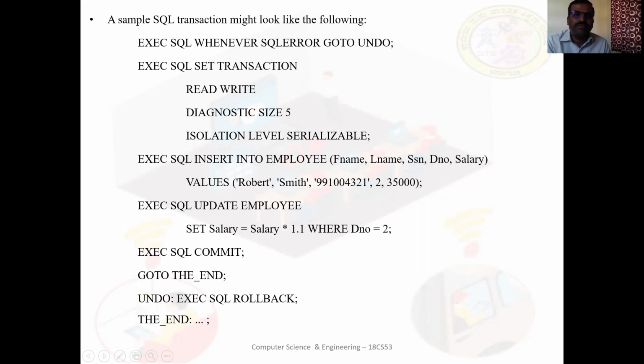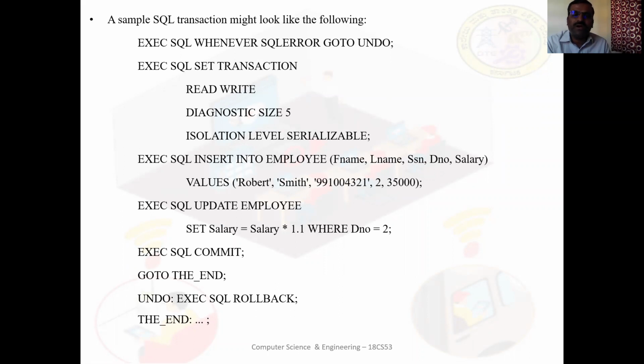Setting the transactions. Then EXEC SQL INSERT INTO EMPLOYEE, inserting the values into the table employee: first name, last name, social security number, department number, and salary. So the values: first name, last name, value of social security number, department number, and salary.